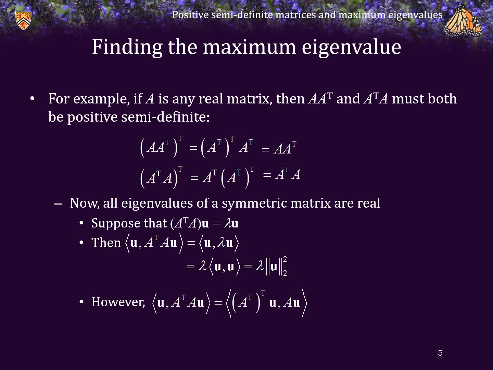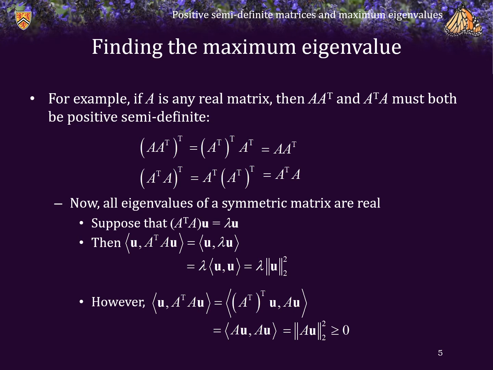However, at the same time, the inner product of u and A transpose times A times u can be rewritten by bringing the A transpose to the other side, and that's just the inner product of A times u with itself. Well, that is the 2 norm of A times u squared, and that must also be greater than or equal to 0.